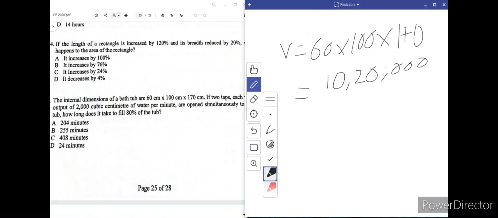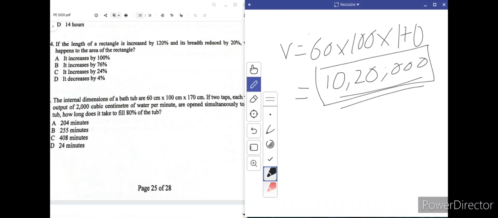Since it is in centimeter, it will be cubic centimeter. Now the question is asking how much time it will take to fill 80% of the tub, not the full tub, but 80% of the tub. The total volume is 10 lakhs 20,000.